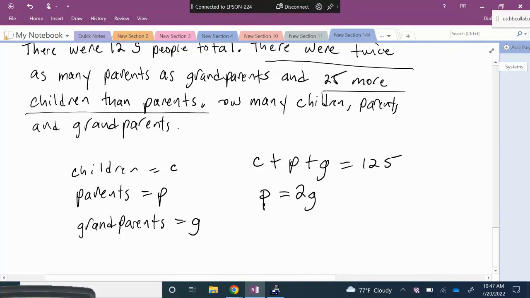So the number of parents plus 25 would equal the number of children. So we have our 3 equations.